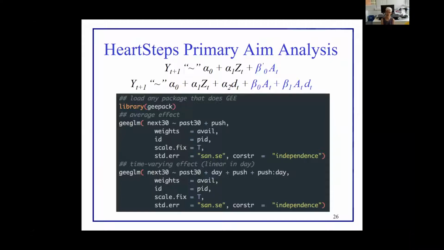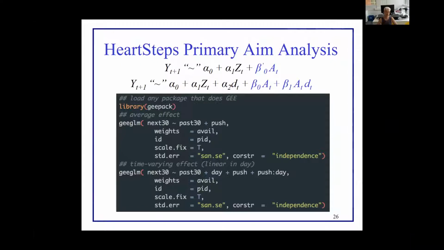The standard errors are always robust standard errors. That's absolutely critical because we all know that within a person, step count must be correlated over time. So you need to use robust standard errors. I'm going to talk a little bit about that later. Here, when we trick the GEE method to analyze this data and give us those beta 0 and beta 1 estimators, we use what's called a working independence correlation matrix.